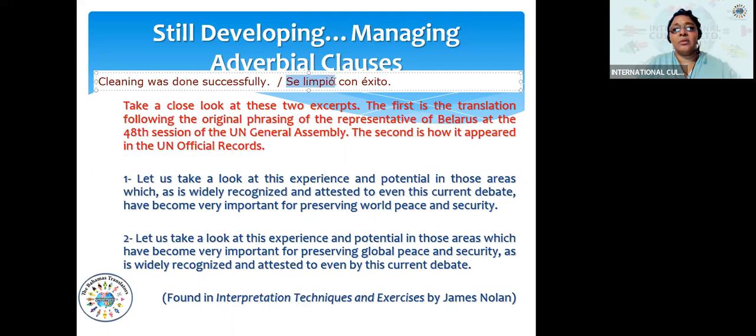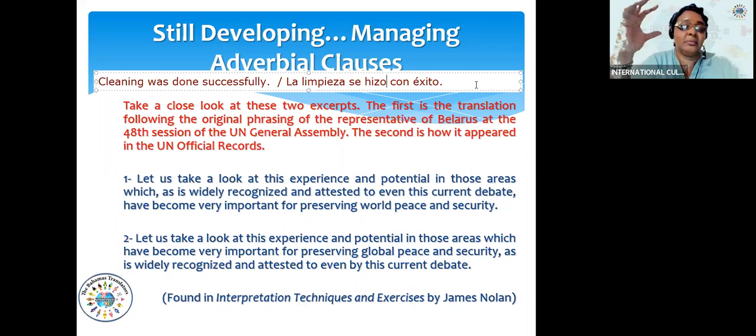Now, if I want to be even more original, I can convert that into a noun. And I can say la limpieza se hizo con éxito. So cleaning, that ing gerund in English, a gerund is basically the verb ending in ing, which you could also use to express a progressive action with the verb to be, I'm cleaning.